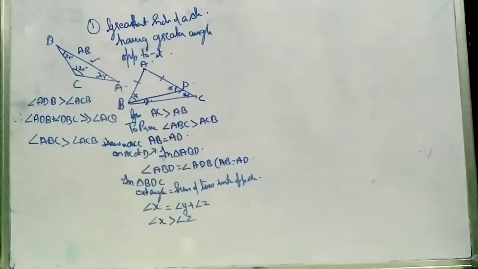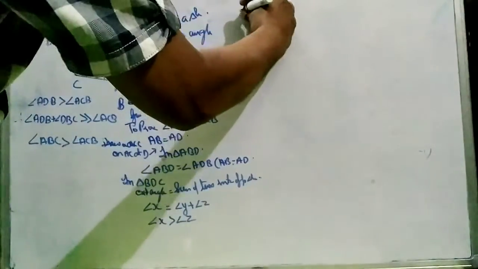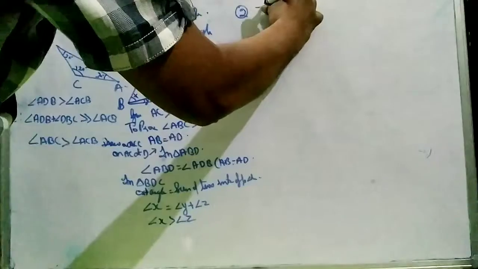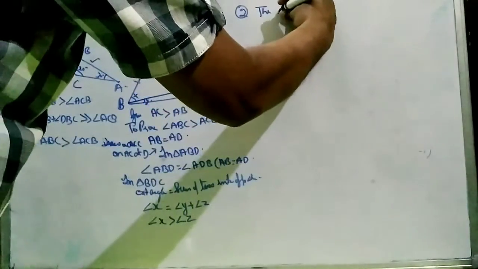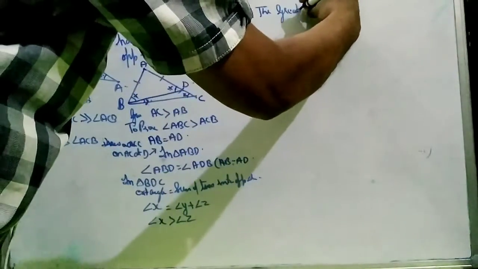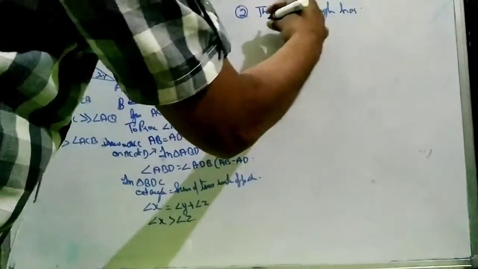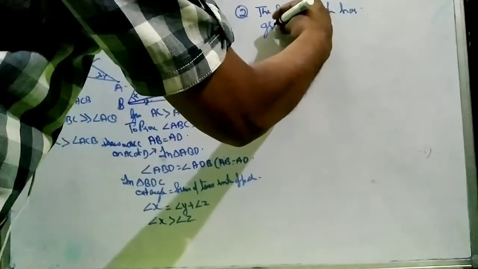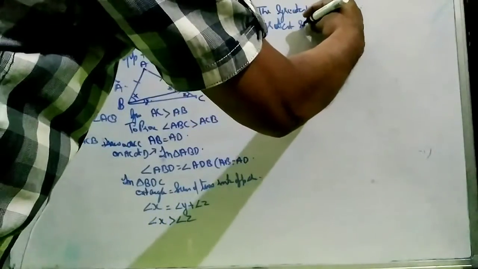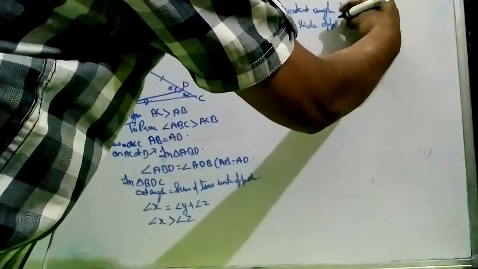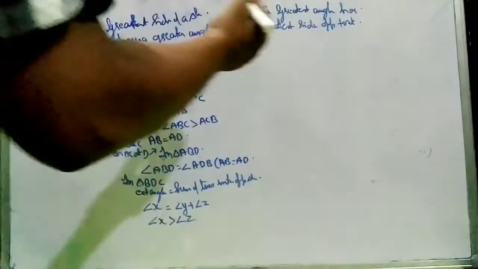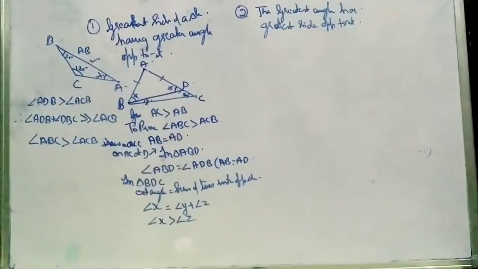And the reverse property of this is, the greatest angle has the greatest side opposite to it.